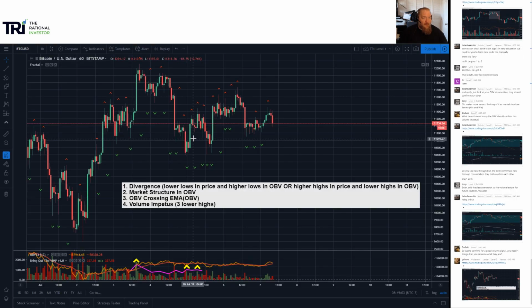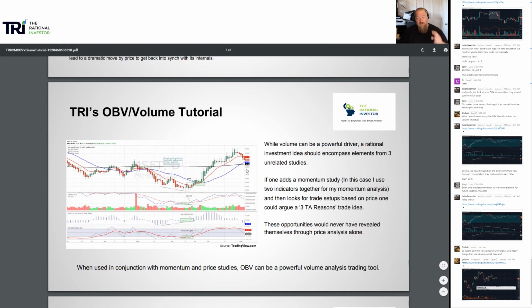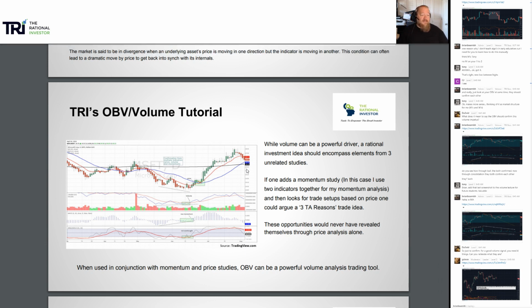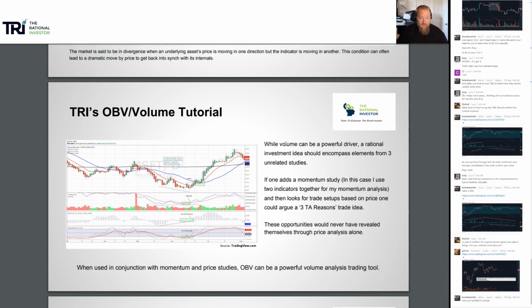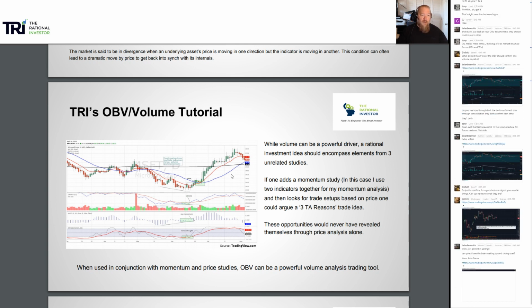Like anything else, this is just one signal, one of 3 that we need at least. So we want to see this in conjunction with other things. If you had this momentum study, and in this case, he has 2 indicators together for his momentum analysis, he's using the Willy, MACD, and OBV. And we look for a good location.